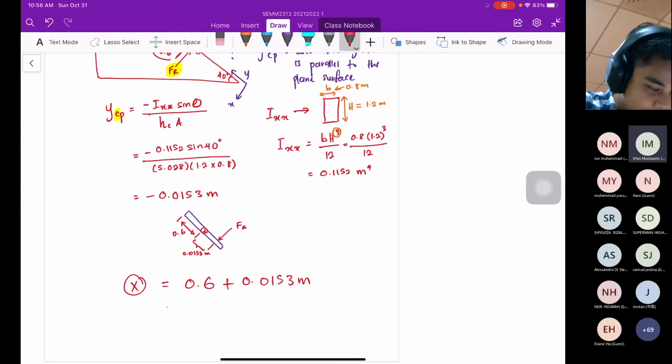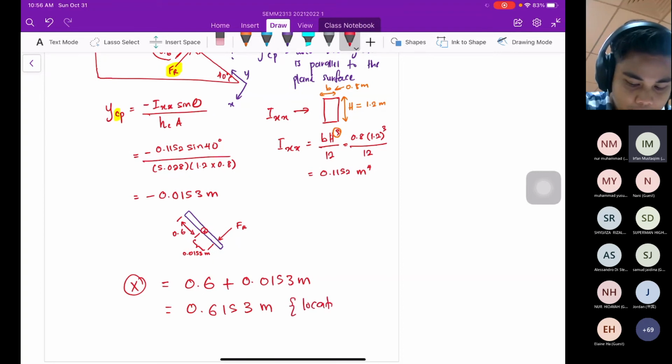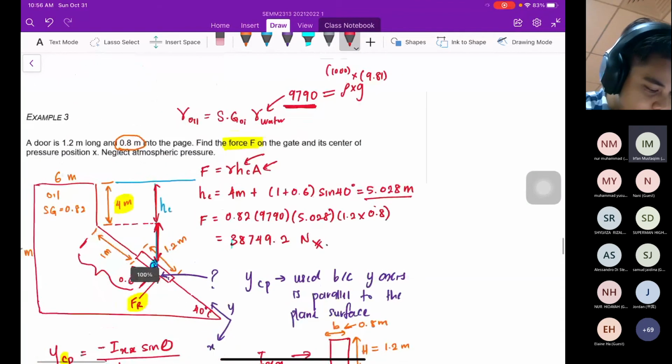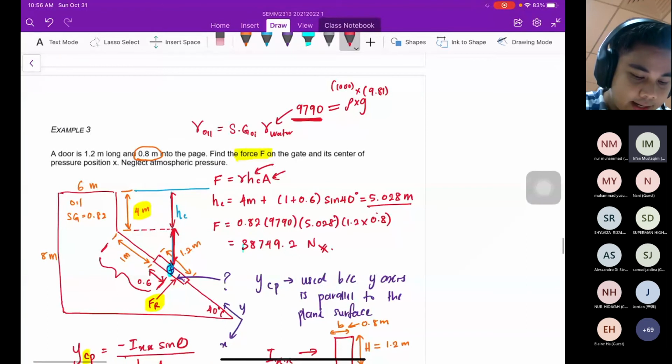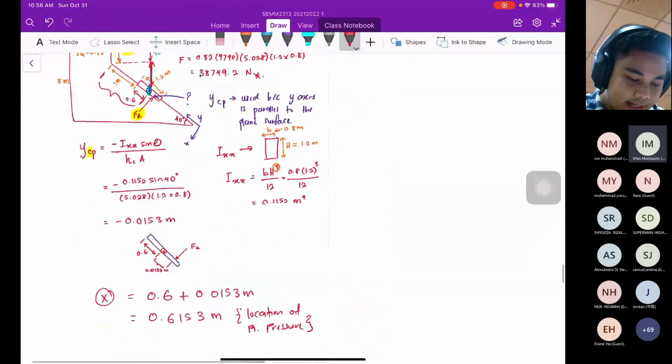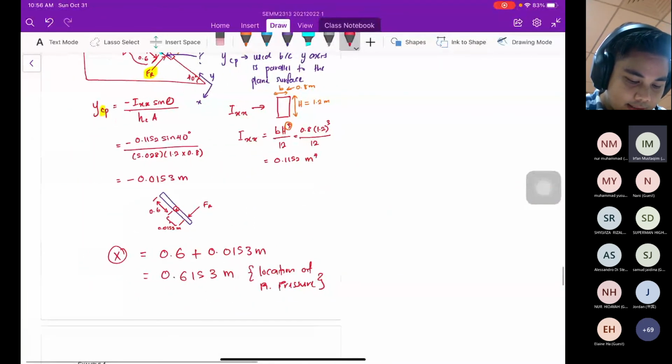You will get the final answer 0.6153 meter, the location of the resultant pressure. So let's take a look at the question: find its center of pressure X. So you can say that it is 0.6153, the location of the pressure.